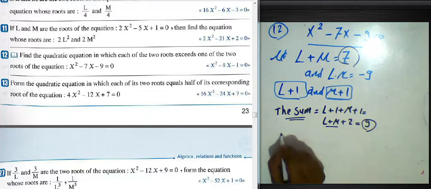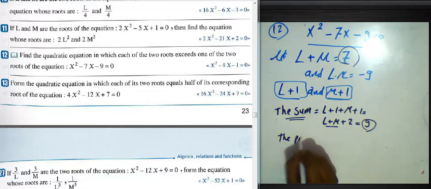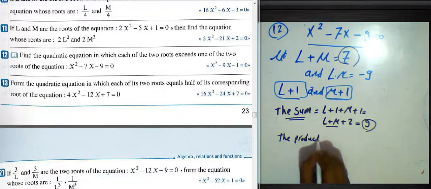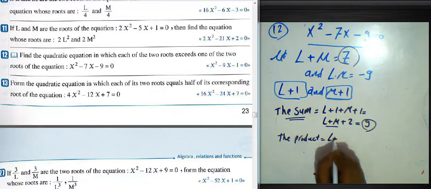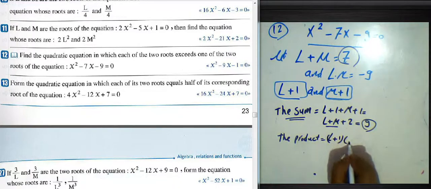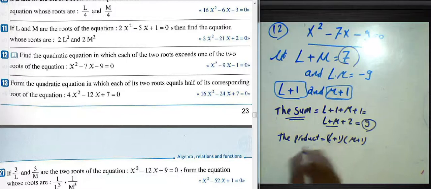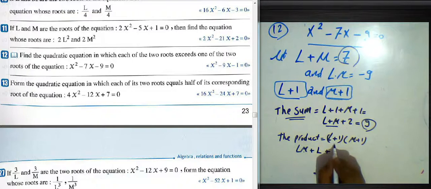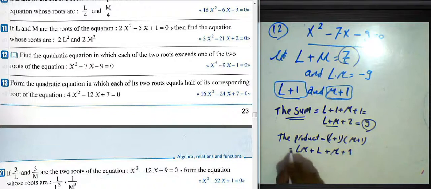And the product equals L plus 1 multiply M plus 1. We must distribute the parentheses: L multiply M plus L multiply 1 equals L, 1 multiply M equals M, 1 multiply 1 equals 1.